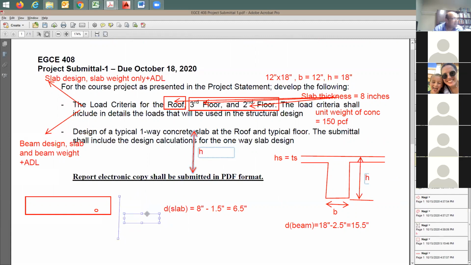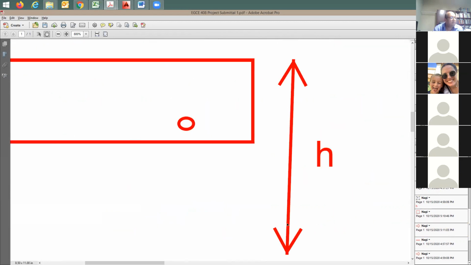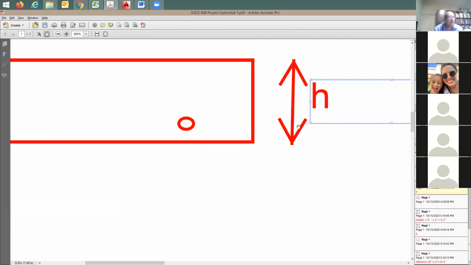Good that you asked me this question. Thickness of the slab is going to be from here to there, right? How about depth of the slab? I'm going to say depth of the slab is different. Depth of the slab is going to be from here, the top compression, to the center of the rebar.